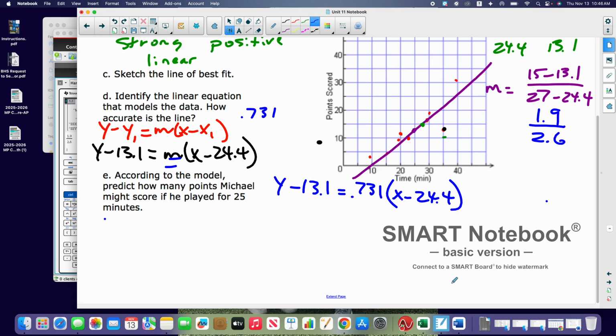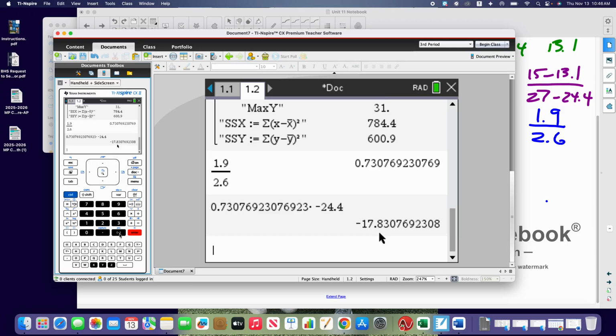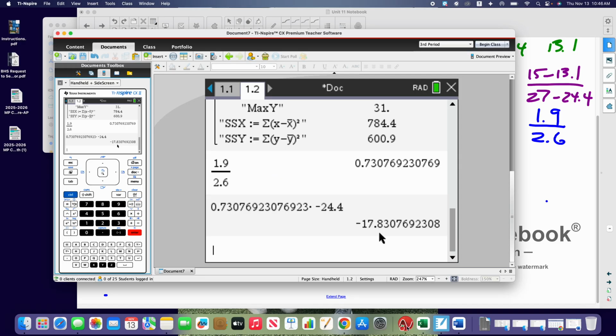I'm going to distribute and multiply. So I'm going to take this right here and multiply it by the negative 24.4. So I have y minus 13.1 equals 0.731x minus, what was it, 17.83?